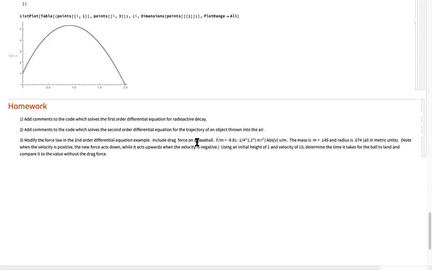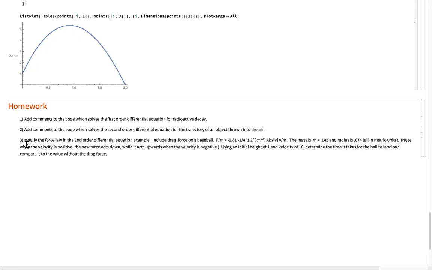Go through the loop, explain how the Euler method is working. Add lots of comments. The more comments you add, the easier it will make your life for questions 2 and 3 for this homework, but also on the project. Then do the same thing for the differential equation for the trajectory of an object thrown into the air.